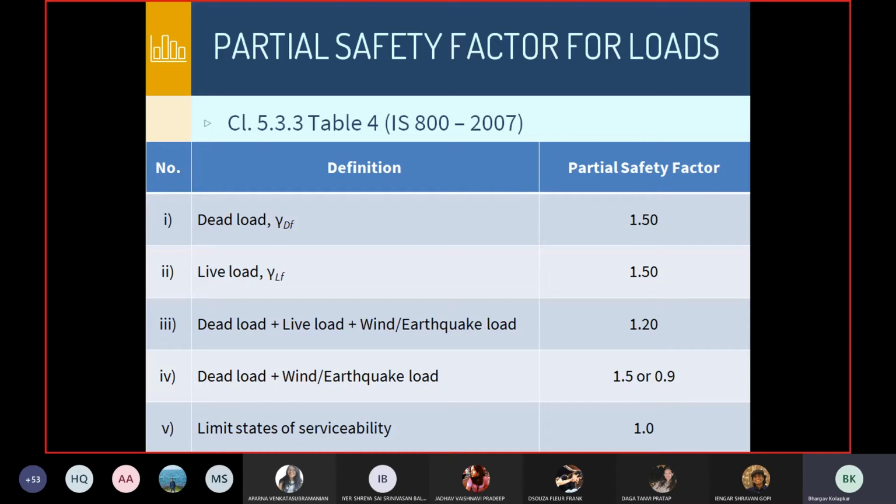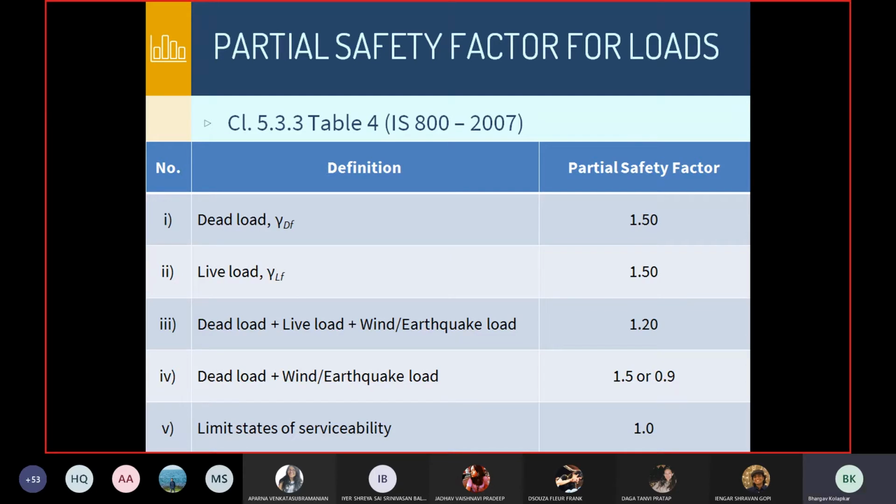Serviceability is related to the use of the structure, and therefore you want actual deflection. So when I say that the live load of your classroom is 4 kilonewton per meter square, I am interested in the deflection for that 4 kilonewton per meter square. I'm not interested in 1.5 times 4, which is 6. That 6 is for the ultimate limit state, when the member is about to fail. I don't care about the deflection when it is about to fail, because I'm not going to use it anymore.